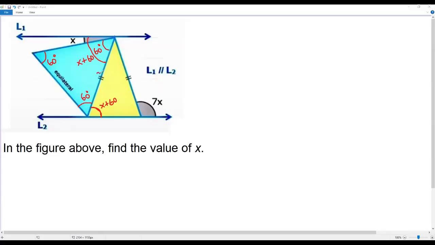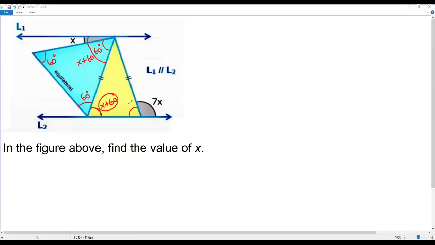And also let's consider the two markings over here in the yellow color triangle. So these two markings indicate these two sides of the yellow color triangle are equal in length. In a triangle, if two sides are equal in length, the angles which are opposite to the equal sides must be equal in measure. So the angle measure over here and the angle measure over here are opposite to the sides of equal length.